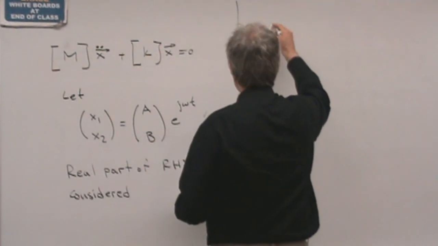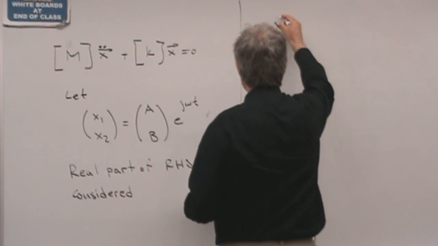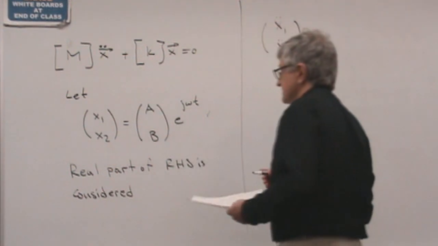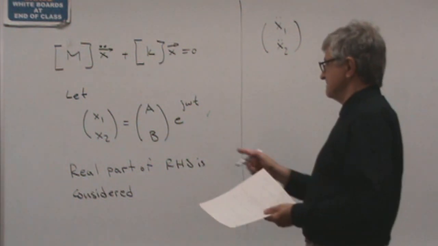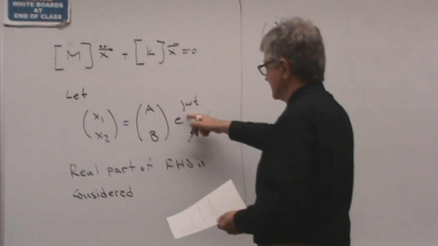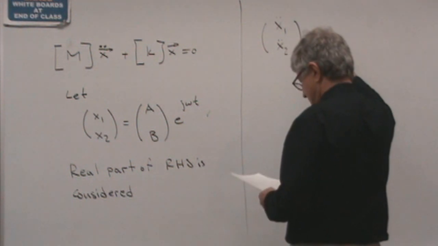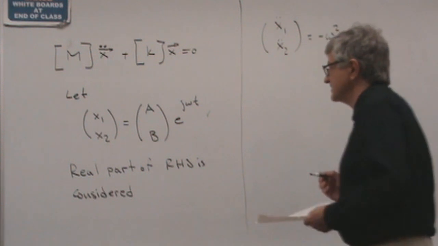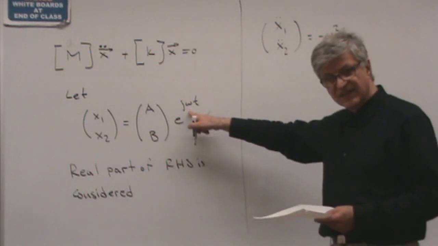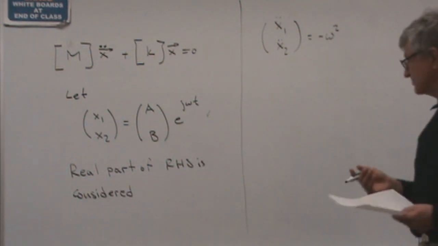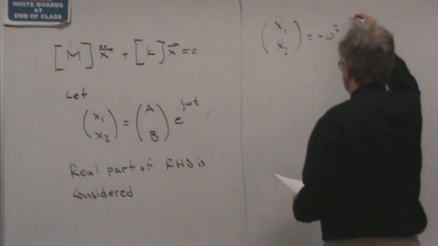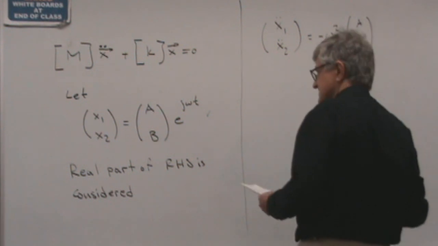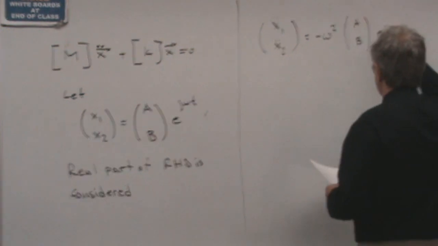Okay, if you take second derivatives, then you will have jω times jω, which gives minus ω squared, times this vector with these two coefficients, times e^(jωt).